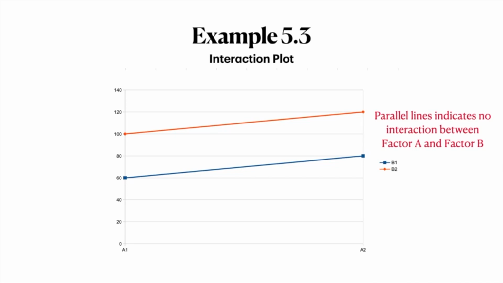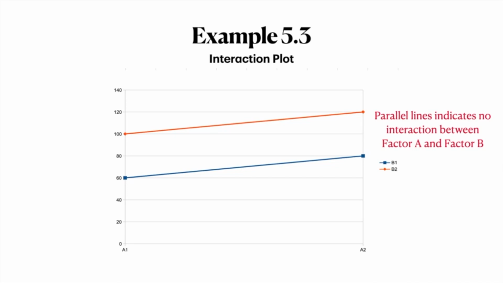Then it becomes more difficult to determine whether interaction exists just by looking at the interaction plot. We can maybe get a sense of whether we think there's interaction by how far from parallel the lines are, but what it really boils down to is in order to make an inference, we have to actually formally test the hypothesis of no interaction.